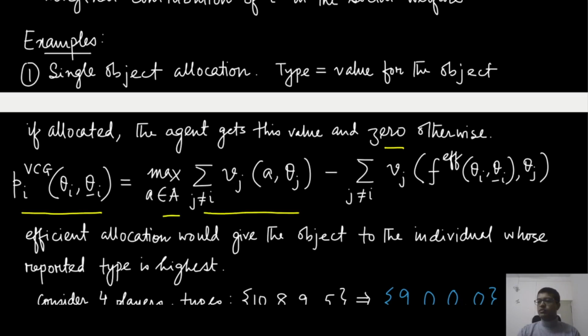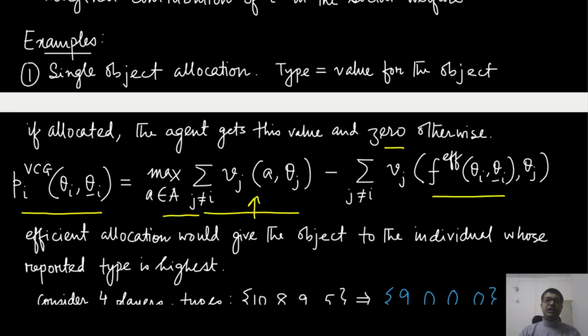Now notice that the first expression is trying to find out the sum of the valuations when that player is not present. So if you remove that player, because this object is an indivisible object and it can be given to at most one person, it should go to the player who values it the next best. So it's the second highest value.